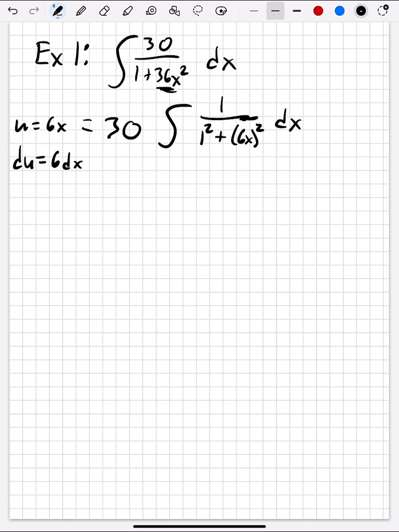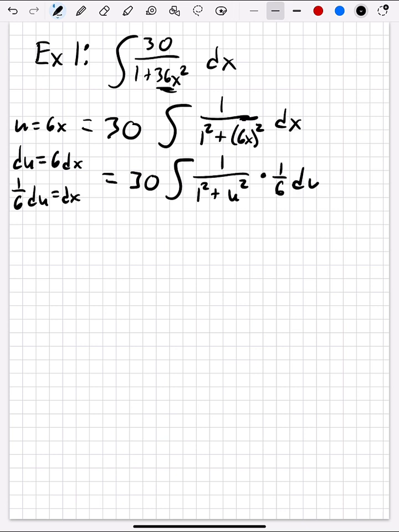So I'm going to divide by 6 and say, well, 1/6 du is equal to dx. So I'm going to then replace, right? So I should have 30 over 1 squared plus u squared times 1/6 du. All I did was replace my dx and my u value.